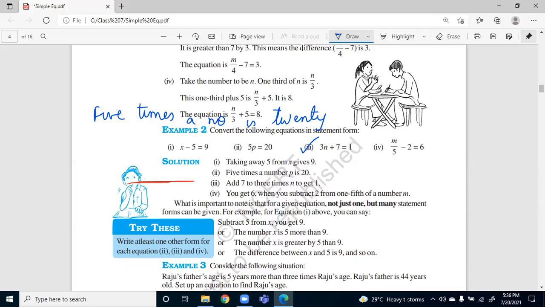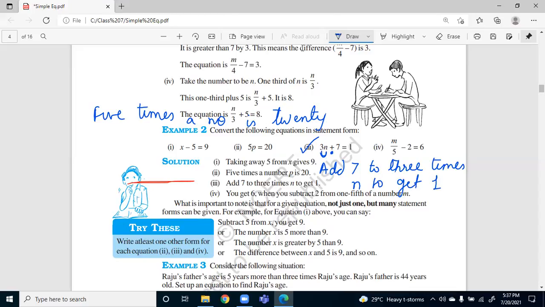So how should I convert the third one? So I should say 3 is multiplied by n. So what will you say? Add, because in between there is a sign of plus. Add 7 to 3 times n to get 1.